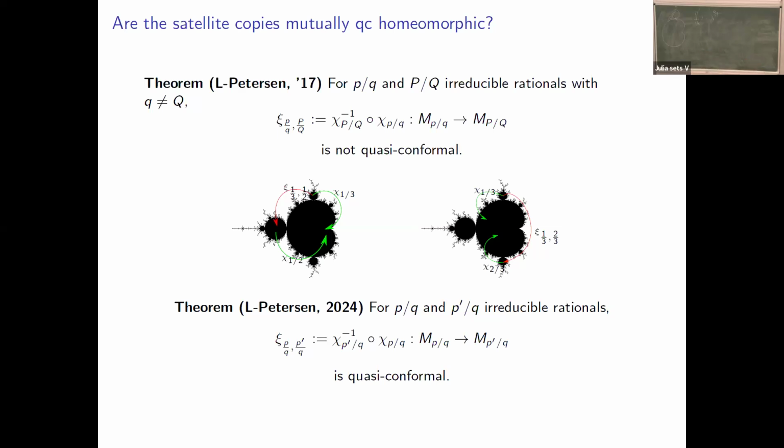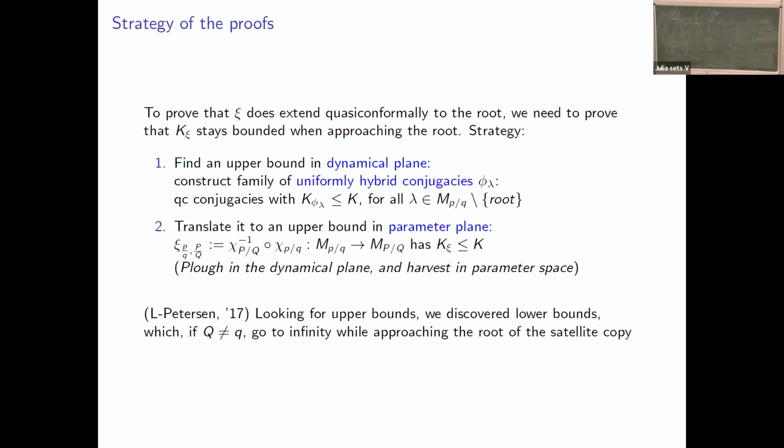So now, how do we prove these kinds of things? Well, we want this map Xi, the map between satellite copies, to extend quasi-conformally to the root. So we want the dilatation K of Xi to stay uniformly bounded.